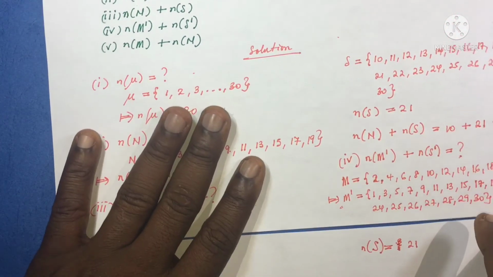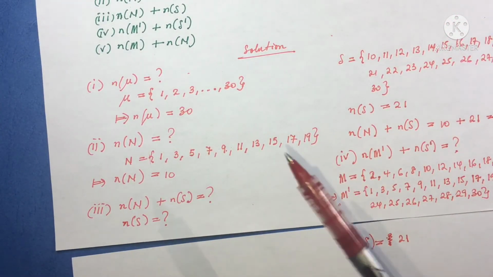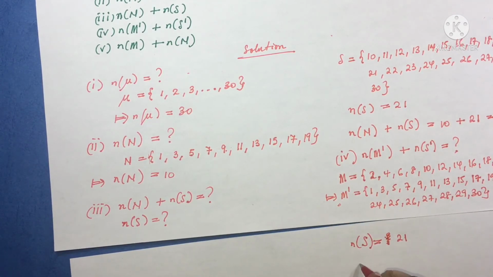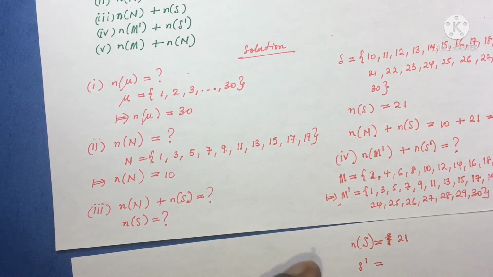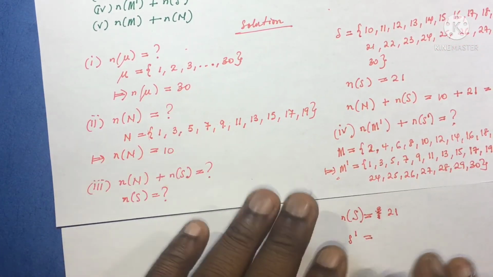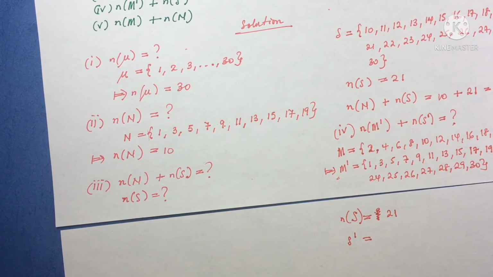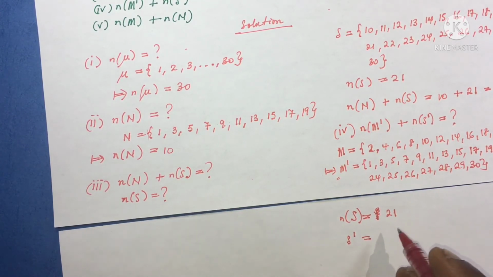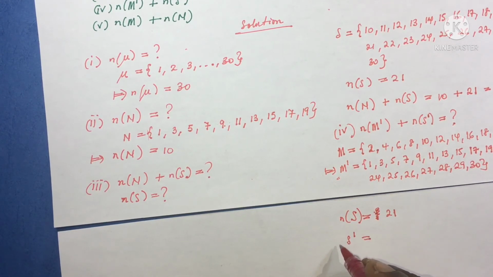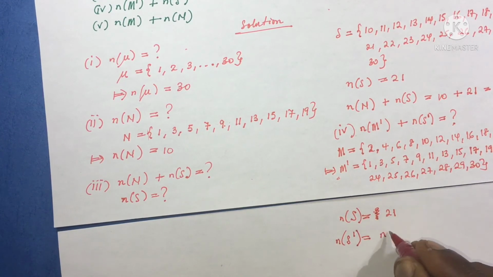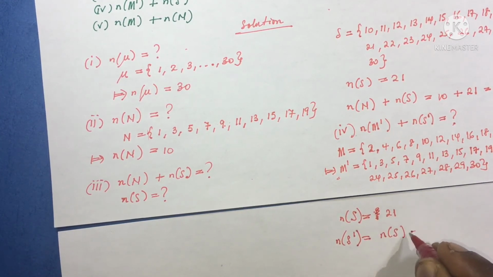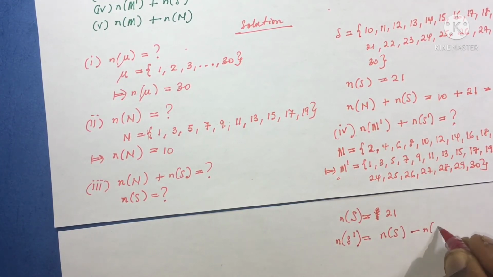The complement of S would contain elements of the universal set. So S prime would be elements of the universal set not found in S. Now one way to do that is just to subtract the cardinality of S. If you want to get the cardinality of S prime, all you have to do is to subtract the cardinality of S from the cardinality of the universal set.